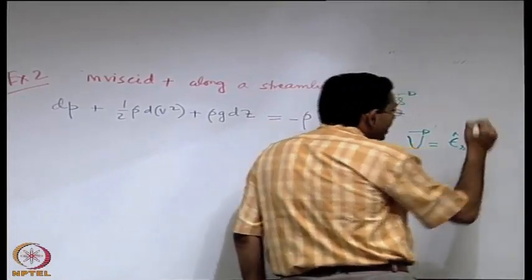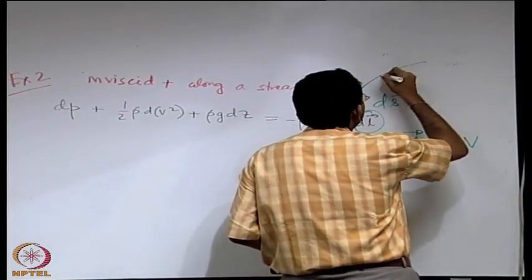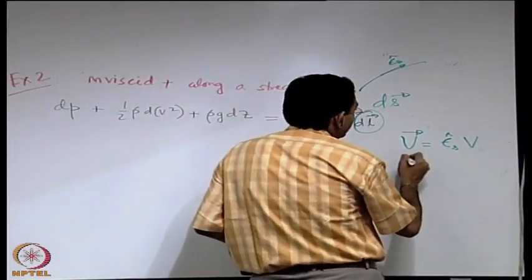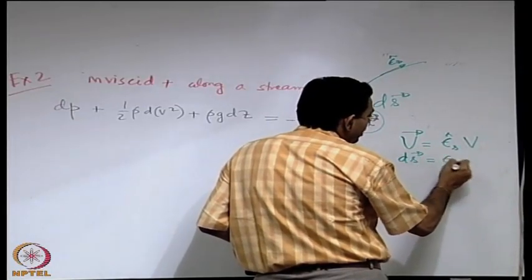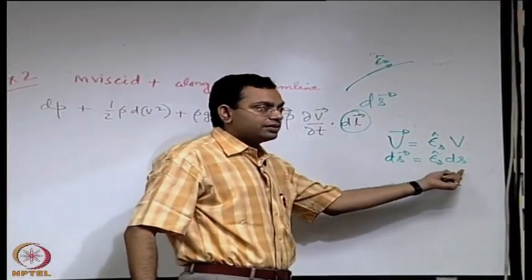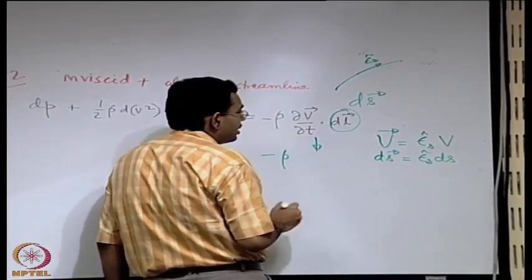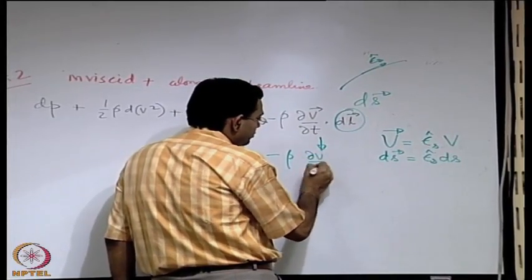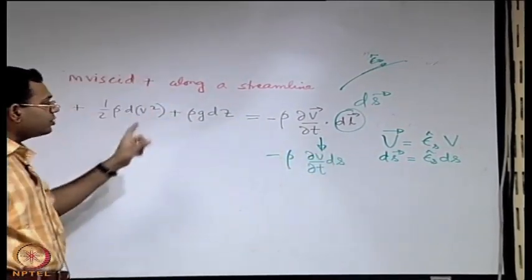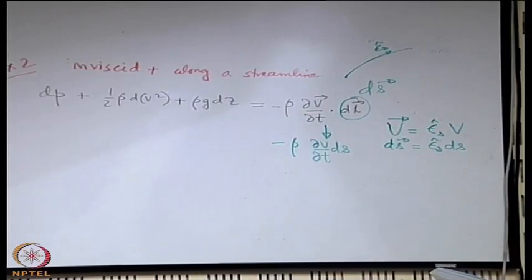So V you can write as the magnitude of V times the unit vector in the streamwise direction, and ds again you can write as epsilon s into the magnitude of the length of the element. So when you take a dot product of these two, you can just write it in a simple scalar form along a streamline, where these are just magnitudes, keeping in mind that we have written this along a streamline. Now next what we can do, we can take rho equal to constant.